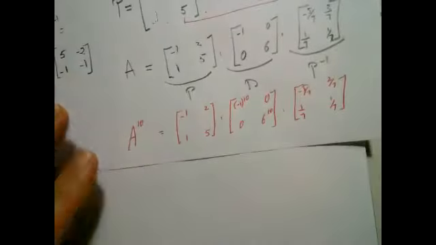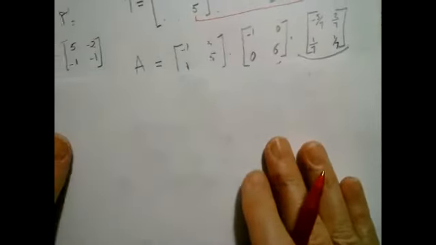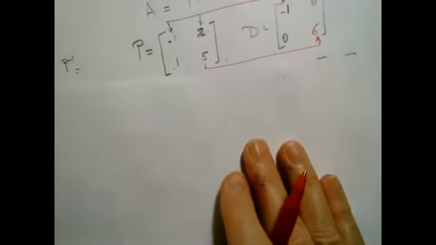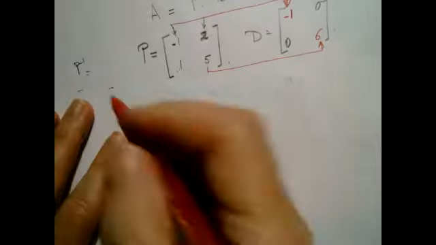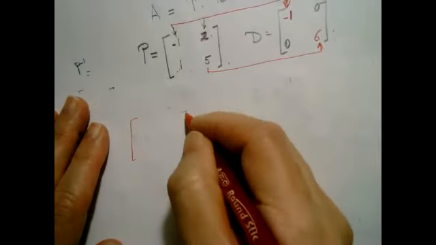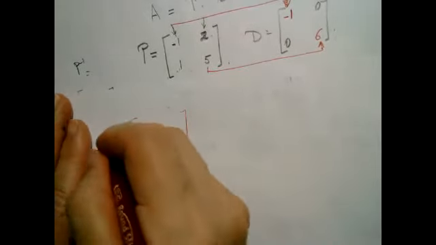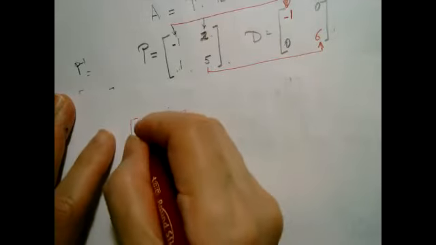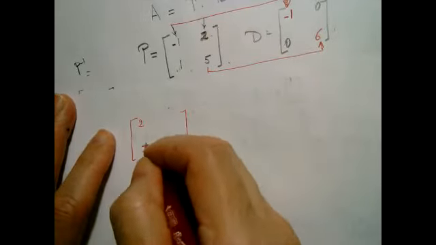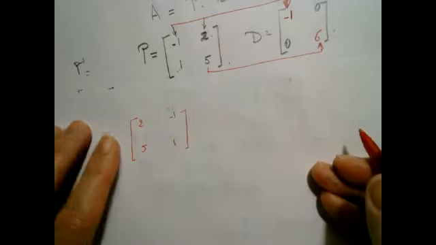But before I do my other example, I want to make one thing very clear about those before I proceed. Suppose a student picked for P the eigenvectors, the first column is 2, 5, and the second is minus 1, 1.